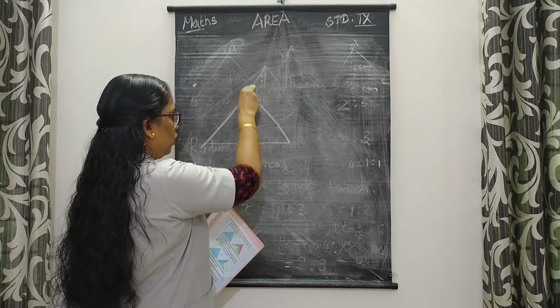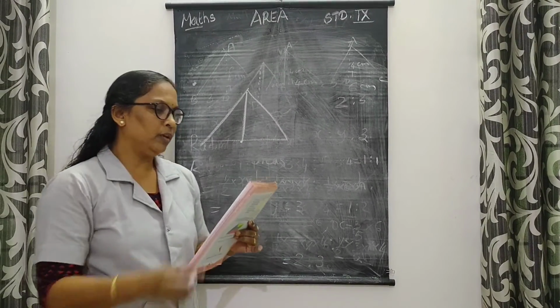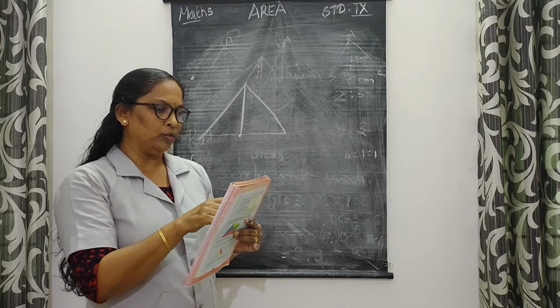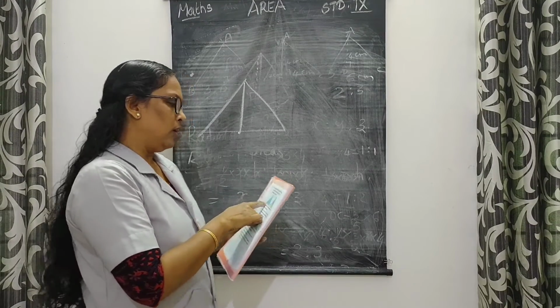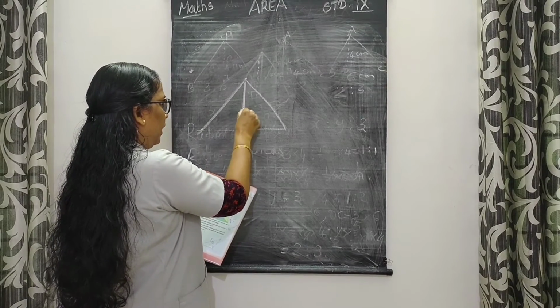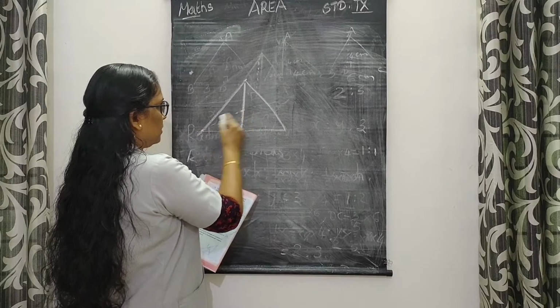The line is joined to the midpoint, so this is the midpoint of the base. And then the midpoint of this line is joined to the other two sides also. Take the midpoint of this line and join it to this vertex.